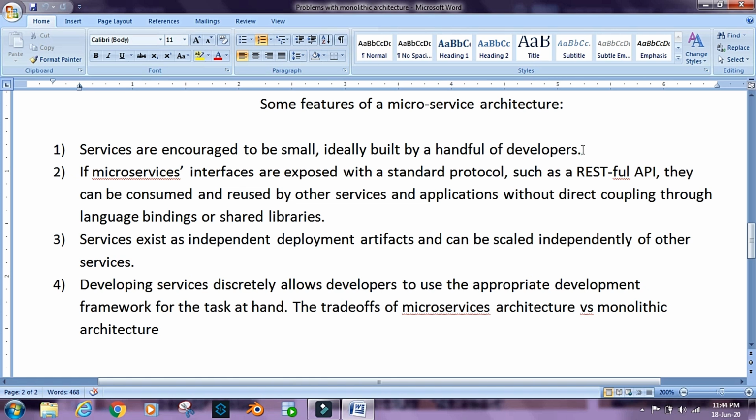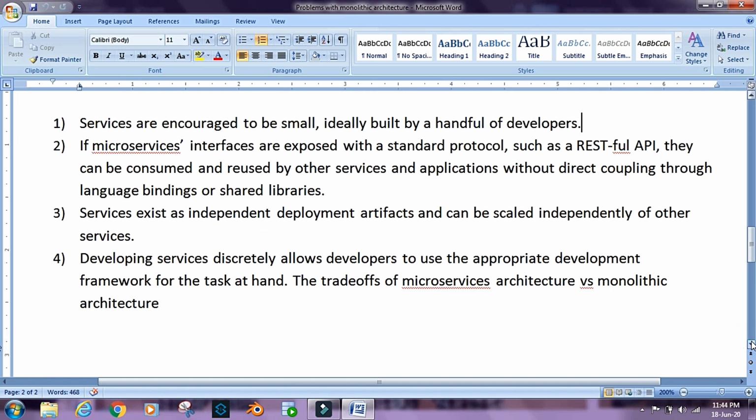And the next point is, services exist as independent deployment artifacts and can be scaled independently of other services. So there might come a time, or there might come a requirement wherein we would need only a single independent component to be scaled up, and after a certain time we might want that to be scaled down again, and this should not affect the other components, or the other components should actually be unaware of this scaling up and scaling down of the independent component that they're trying to interact with, right?